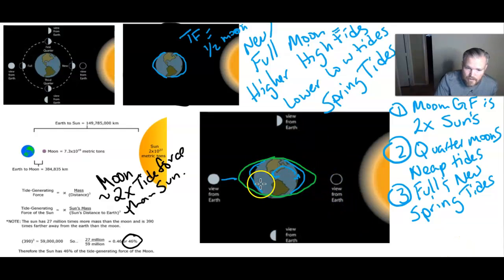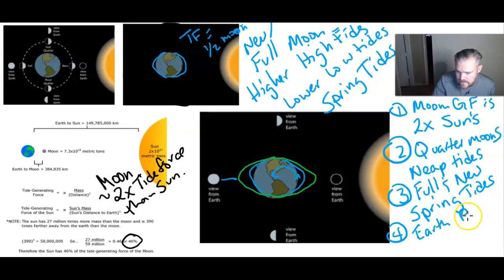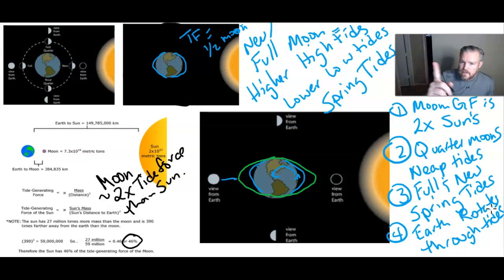Remember, it's the Earth rotating. I'll add that to this. Earth rotates through the tides. Because remember, it takes 28 days for the moon to complete its journey all the way around the Earth, right? And so in that 24 or 28 days, the Earth is rotating every 24 hours through that bulge.